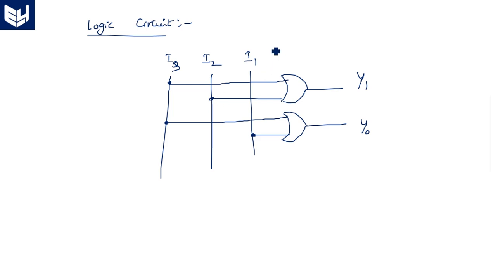If you want, you can also draw I0, but it is not connected or related to the output. This is the logic circuit of the 4 to 2 encoder.